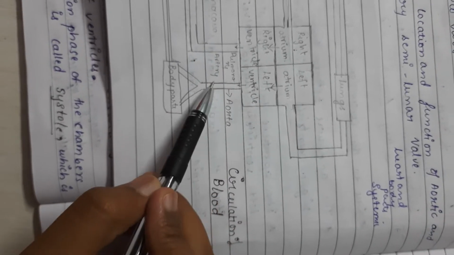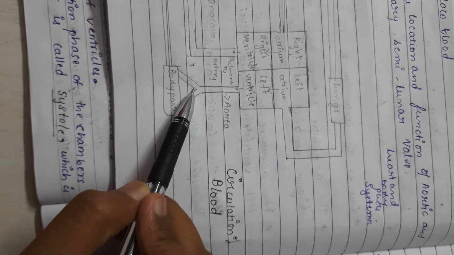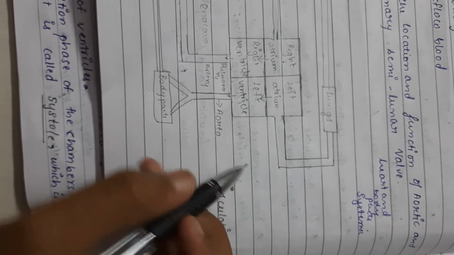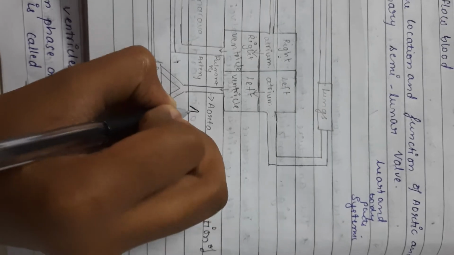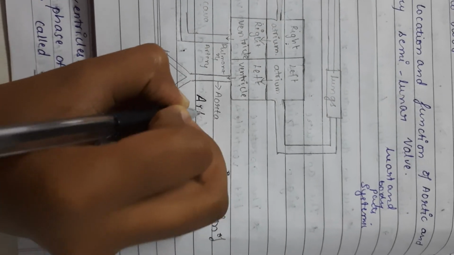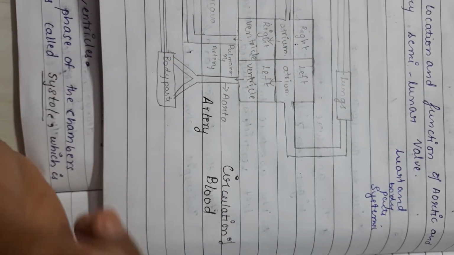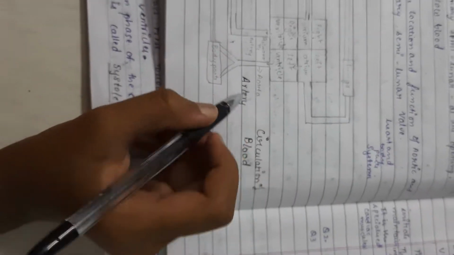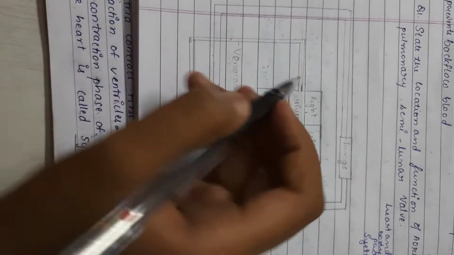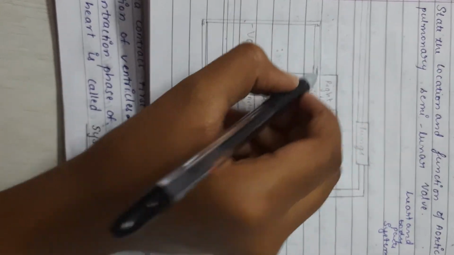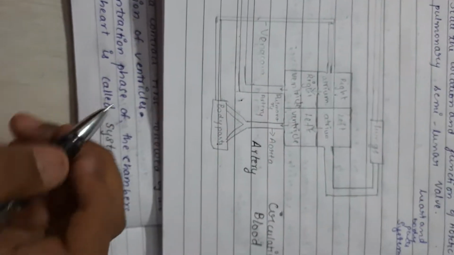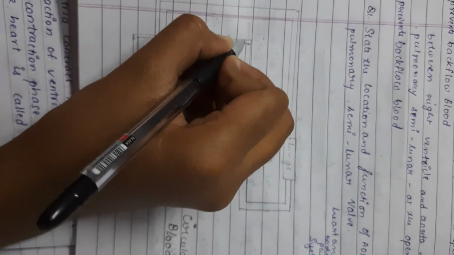The blood from the left ventricle flows through the aorta towards all the body parts. Then from the body parts, through the veins, the vena cava, it gets connected towards the right atrium. Make sure you keep the arrow marks.